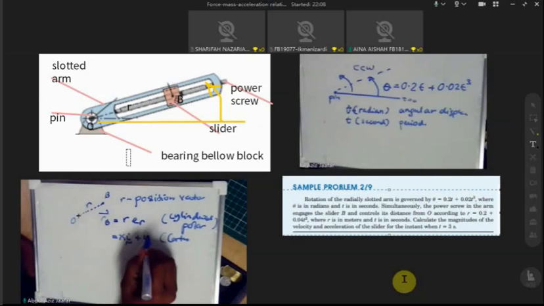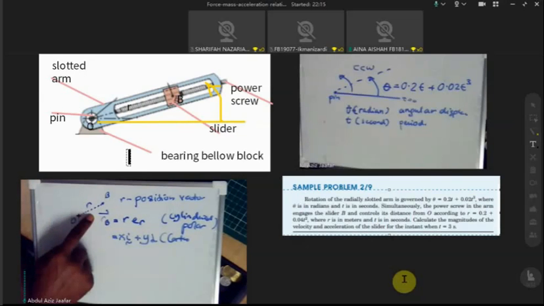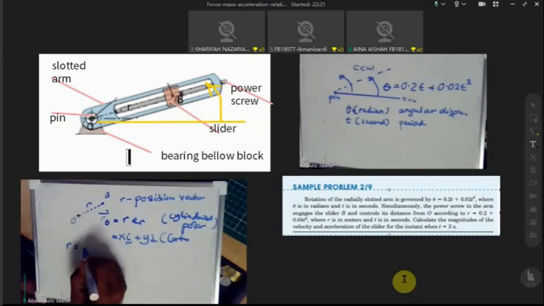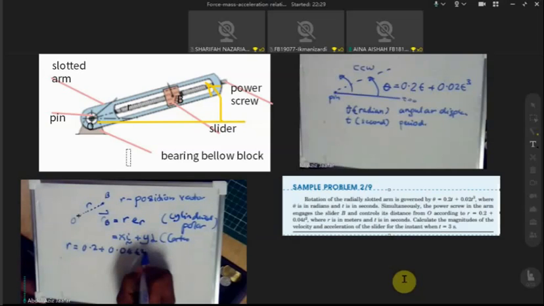So right now, the position vector R also depends on time. So we have R equals 0.2 plus 0.04t to the power of 2.